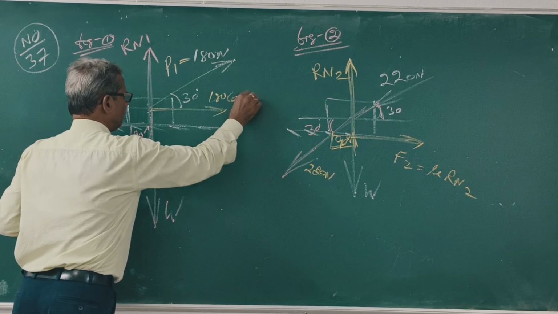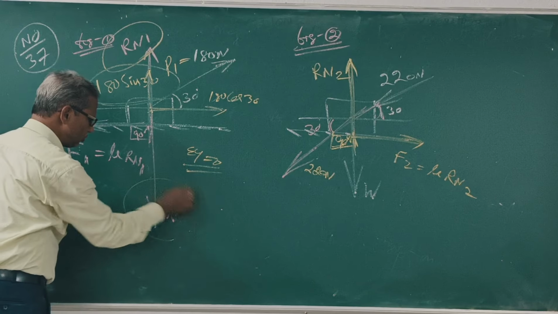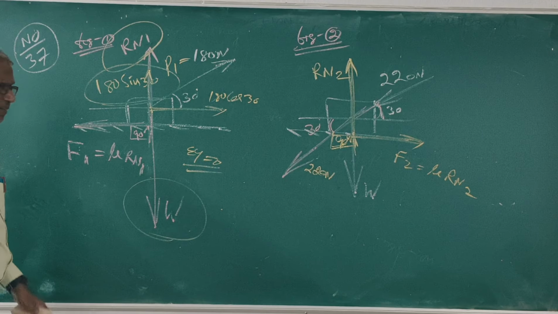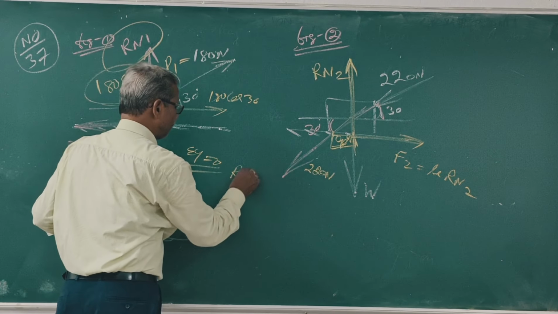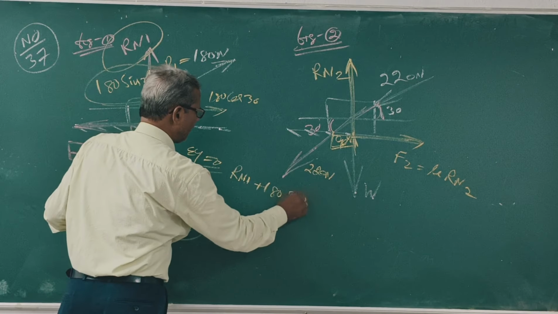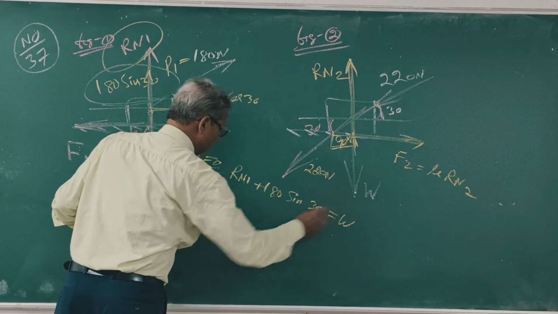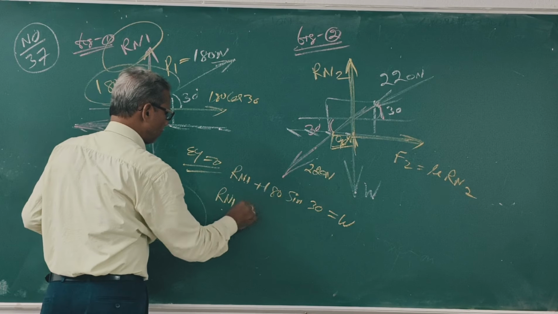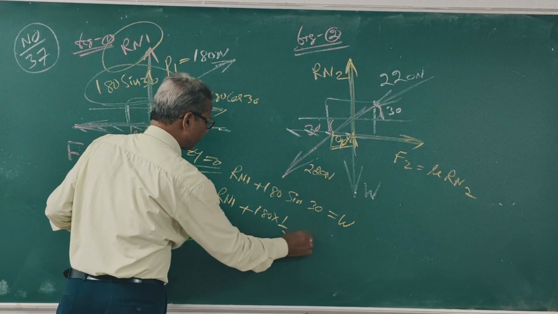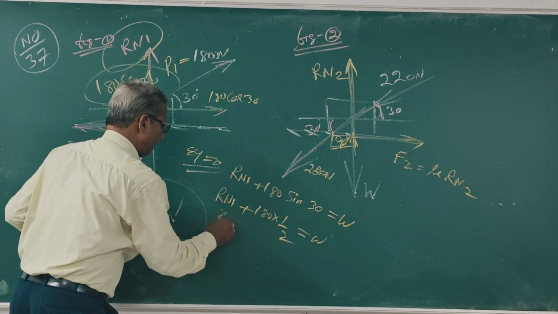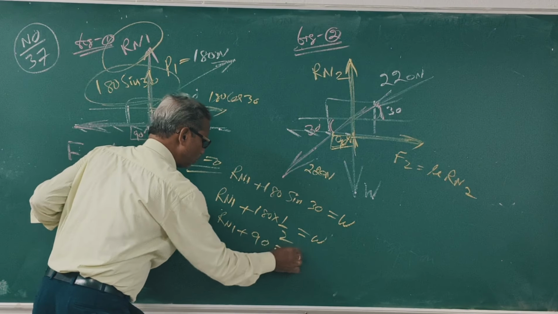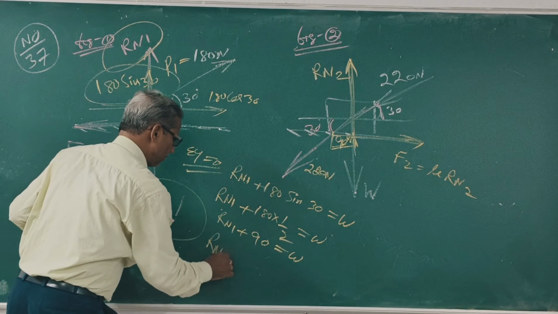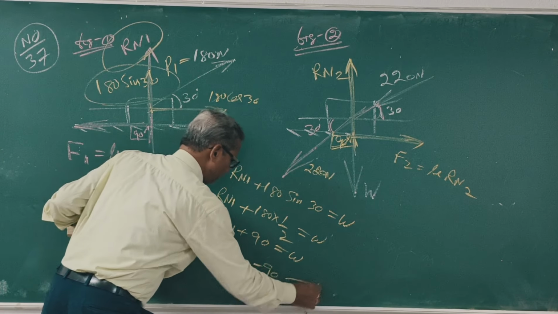Now, sigma y equals 0. Rn1 plus 180 sin 30 is equal to W. So Rn1 plus 180 times half, Rn1 plus 90 is equal to W. What is Rn1? W minus 90. Equation 1.